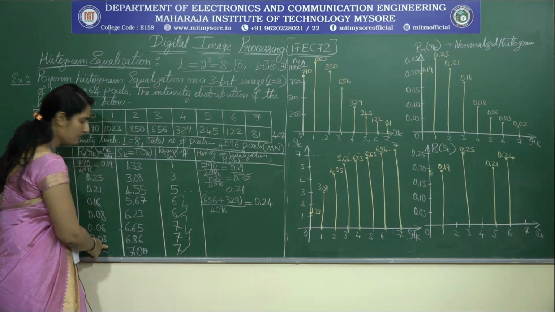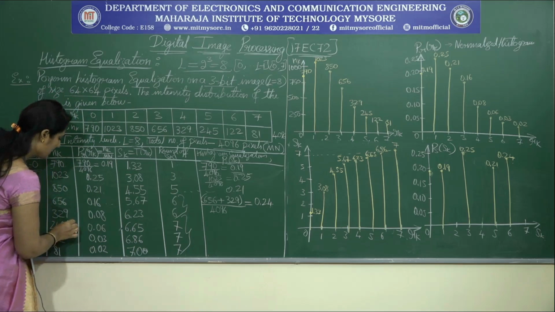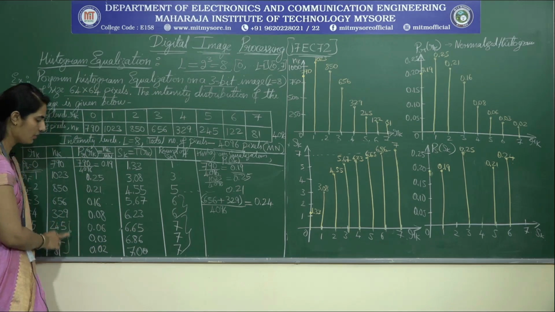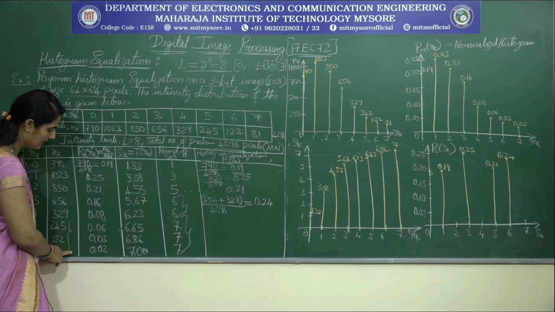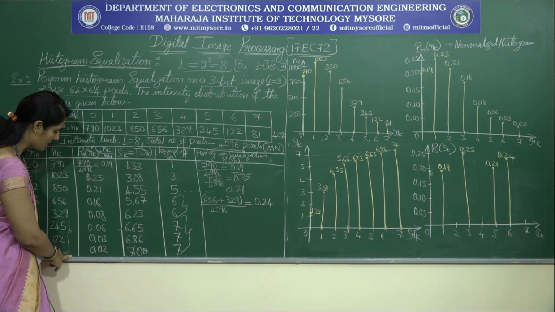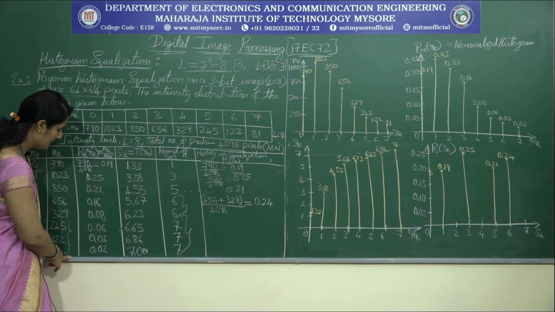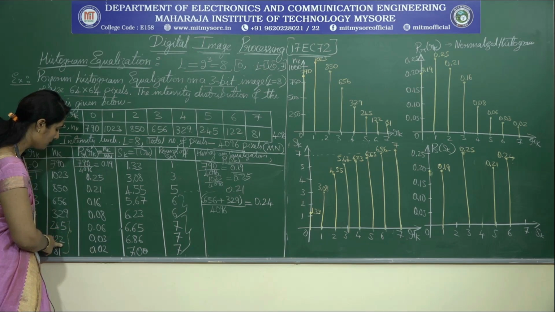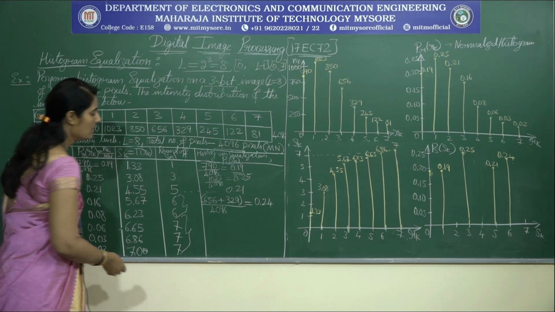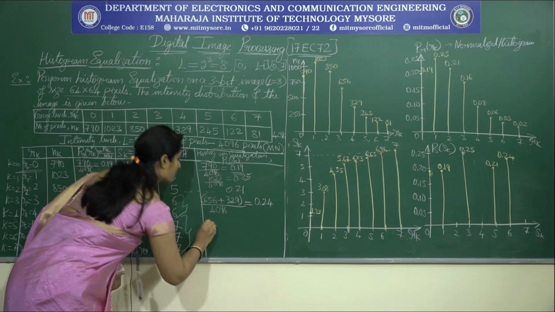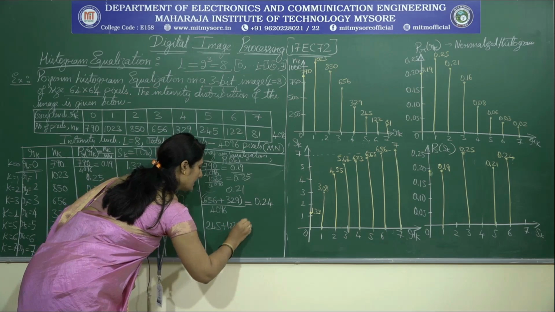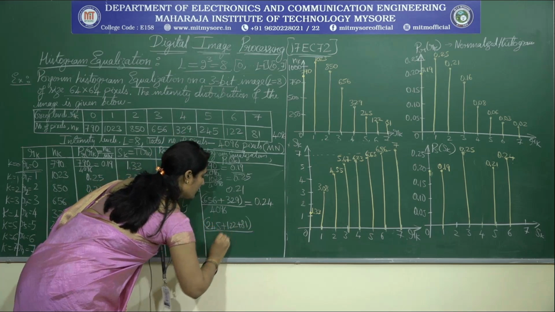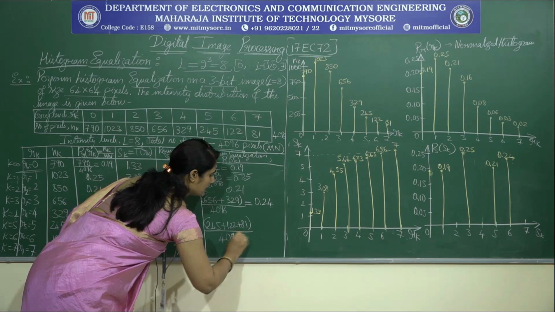Again here it is many-to-one mapping. So I need to consider the number of pixels for all values of Sk. When Sk is equal to 7, we have 3 discrete intensity levels of pixels: 245 plus 122 plus 81, whole divided by 4096.